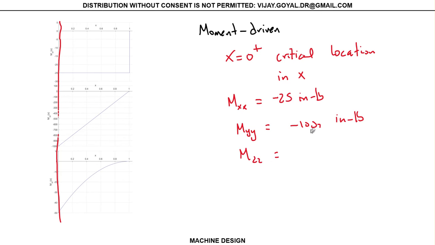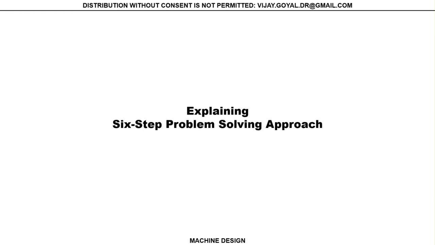MZZ would be minus 50 pound-inches. So this will be the explanation of that, and you can explain why each one of these was actually critical or not. Okay, so this basically summarizes the 6-step process that you're asked and required to do in each one of your homeworks.